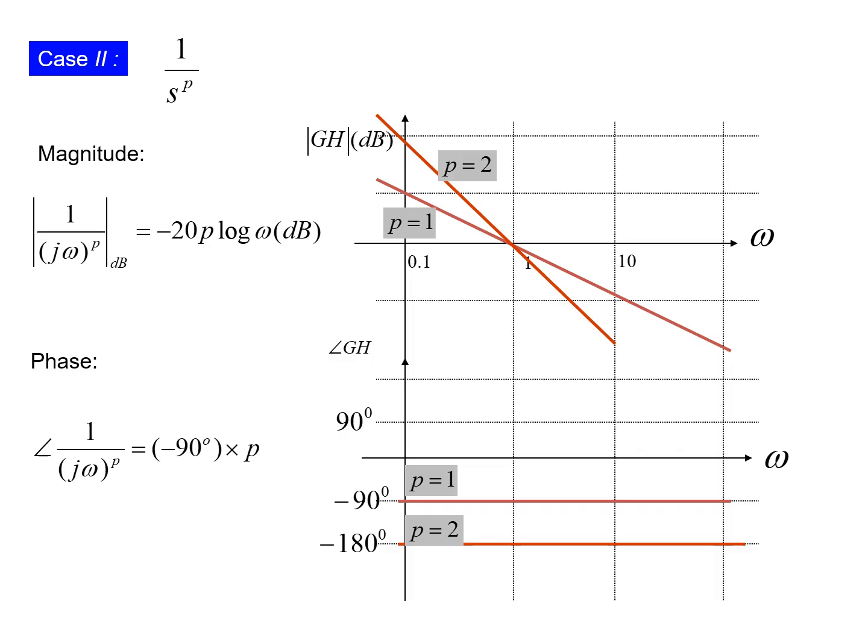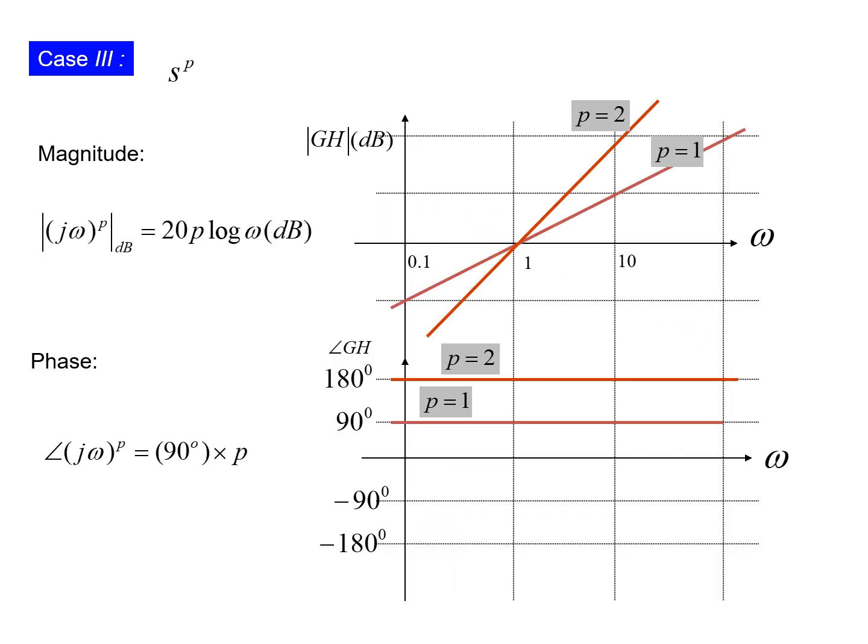And then for the phase angle of 1 per j omega power p, it is equal to minus 90 times p. For p equal to 1, it means minus 90 degrees, and for p equal to 2, minus 180 degrees, etc.